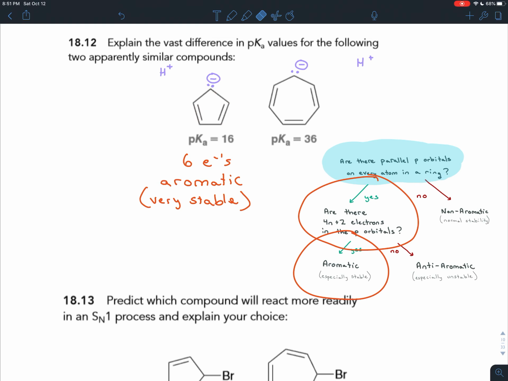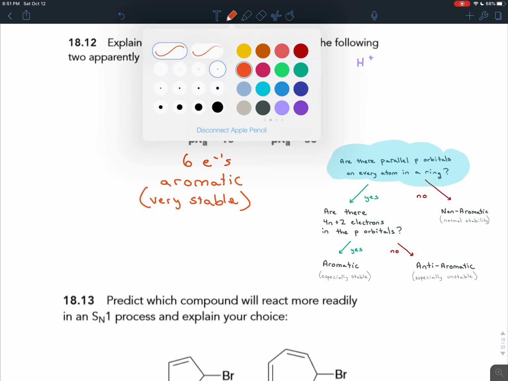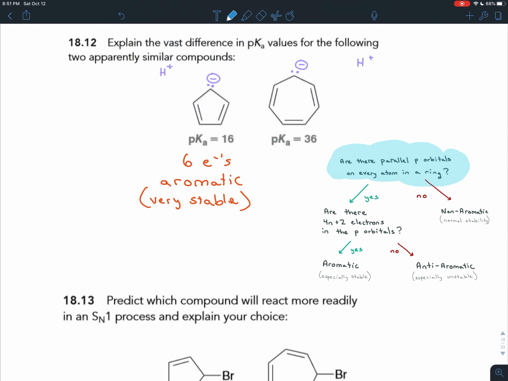Compare that with the molecule on the right. We go through the same thought process. First, are there parallel p orbitals on every atom all the way around the ring in this molecule on the right? And there are. You have parallel p orbitals on all the carbons that have double bonds, and the lone pair exists in a p orbital. So every atom in that ring has a p orbital that it can put parallel to the atoms next to it. So yes.